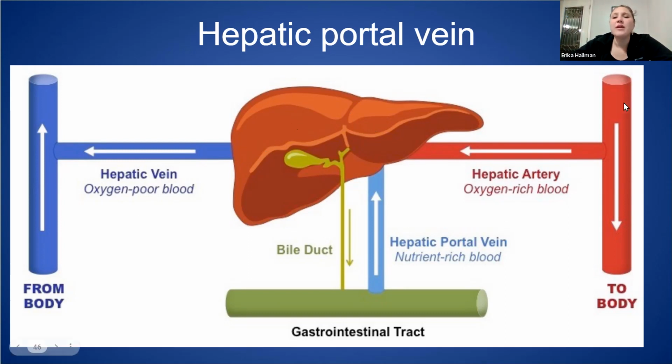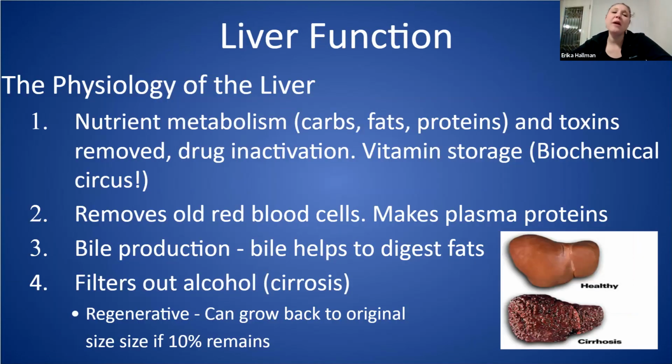The liver also is supported by the hepatic artery and the hepatic veins. That's going to remove oxygen poor blood and supply it with oxygen rich blood.